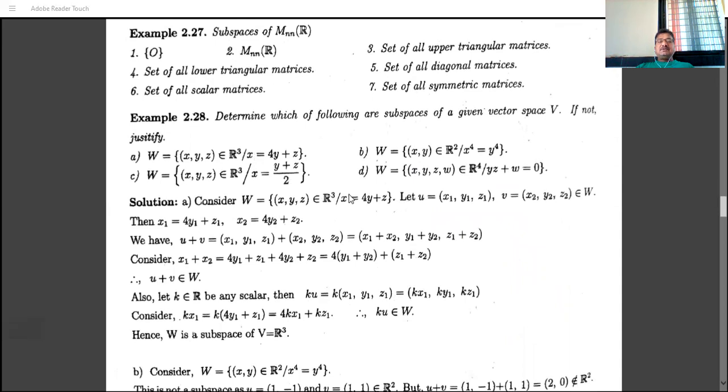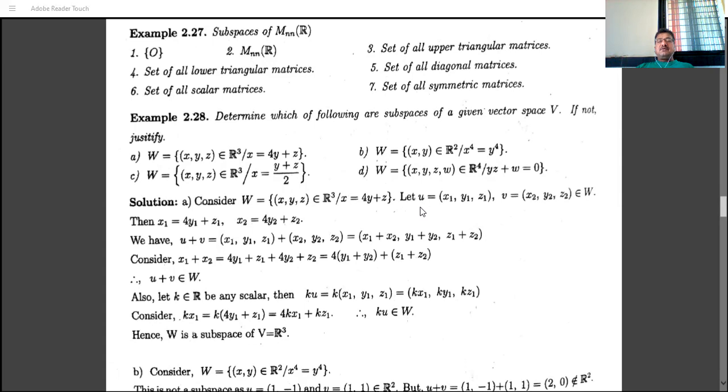For example, the first W is the set of (x, y, z) belonging to R3 such that x is equal to 4y plus z. Now we have to check whether this W is closed for addition and closed for scalar multiplication. That is, we have to verify the two conditions.